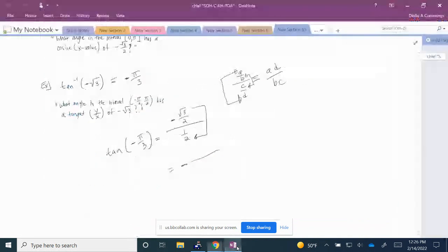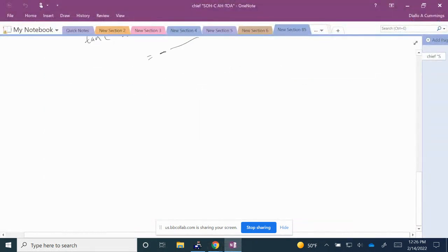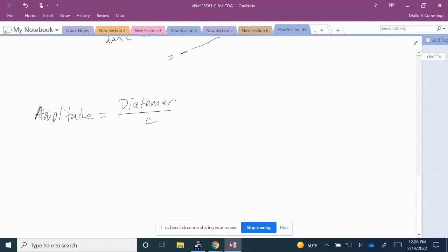Okay, so I'm going to write down, hopefully this is going to last. The amplitude is equal to the diameter cut in half. We take whatever that diameter is and divide it in half, and that gives us the amplitude.